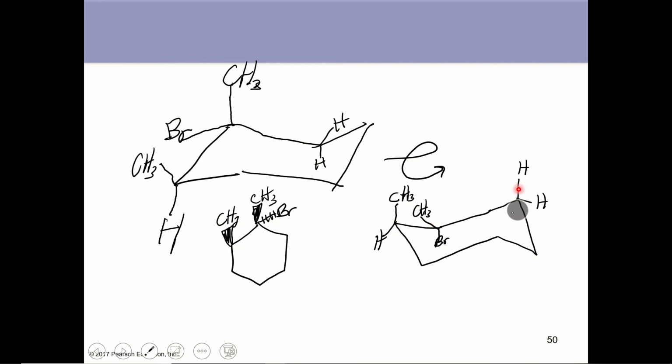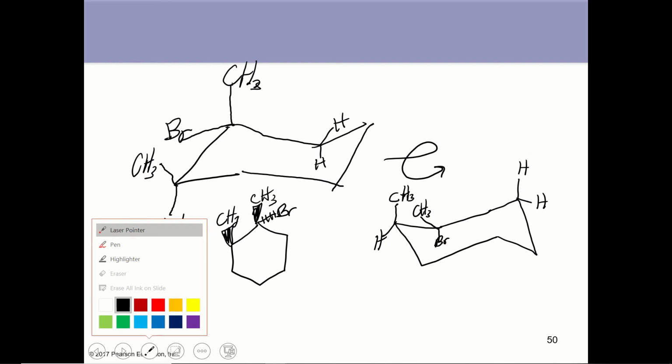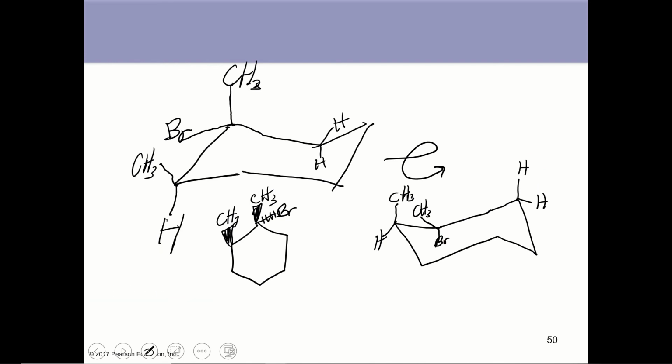The only hydrogen that can be removed with this other ring structure that is anti and axial to the bromide is this hydrogen here. And so the only possible final product is the product where we have a pi bond here.